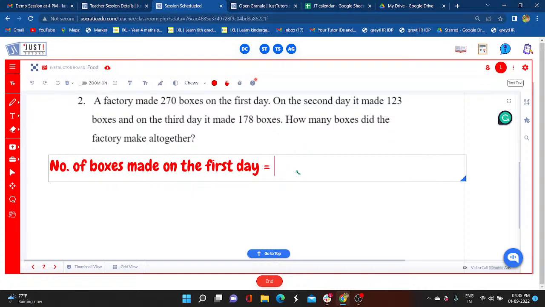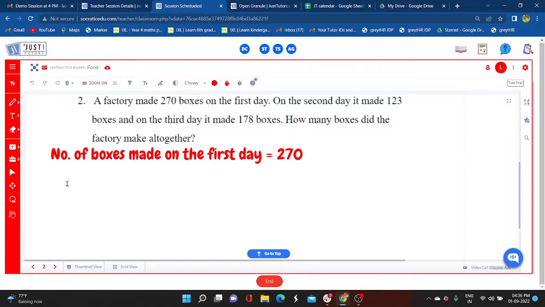So the factory made 270 boxes on the first day. So number of boxes made on the first day are 270.